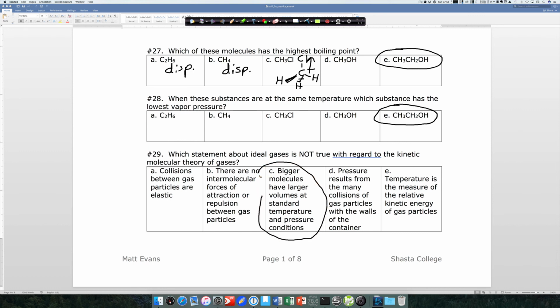In this theory, we actually consider all gas particles to be exactly the same size with no volume. So bigger or smaller, it doesn't make any difference in this theory, so that's not true. Pressure results from the collisions with the walls of the container. That's definitely true. Temperature is a measure of the relative kinetic energy of gas particles. That's definitely true. Okay, so just a couple of quick multiple choice questions, which mostly have to do with gases, but also intermolecular forces.